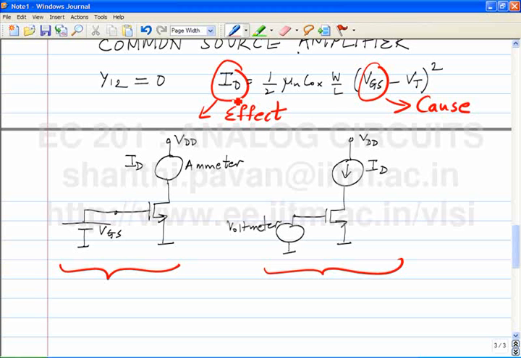So, as I said, this is an extremely important point, and that is that VGS is the cause and ID is the effect. And just because you try and pump ID into the transistor doesn't mean that VGS will magically develop at the gate. The voltage can be anything. You can't say anything about what the voltmeter reads, because 0 is as good a number as any.